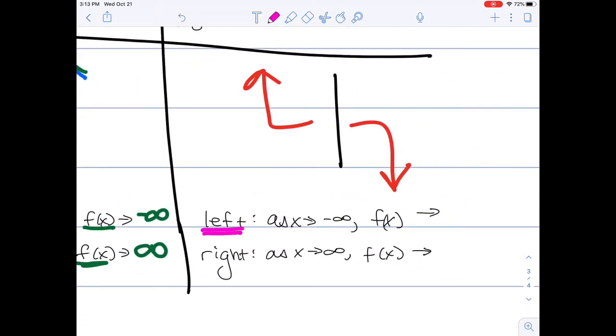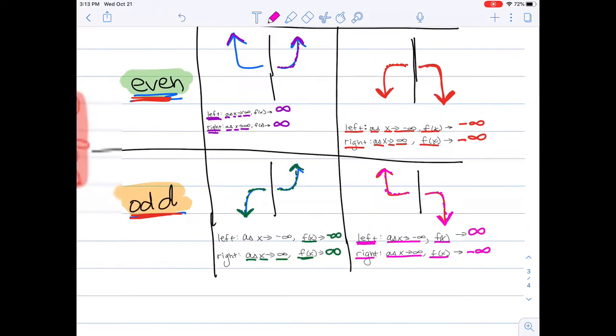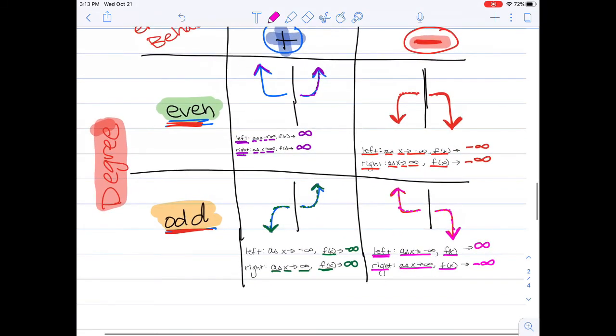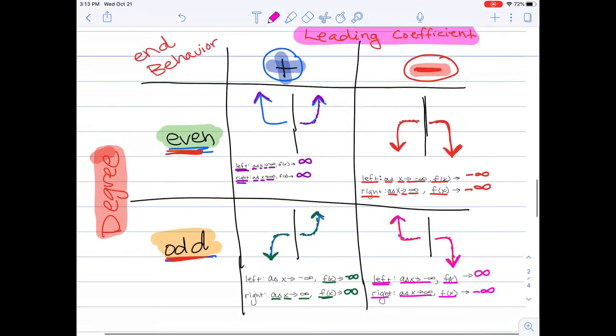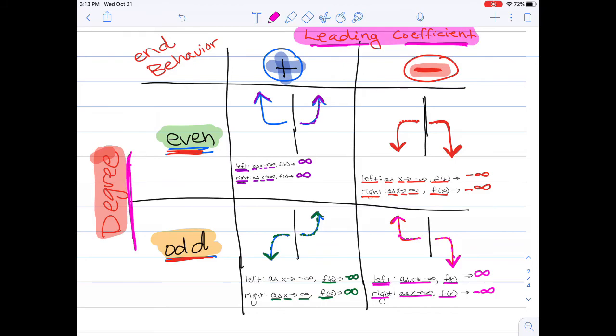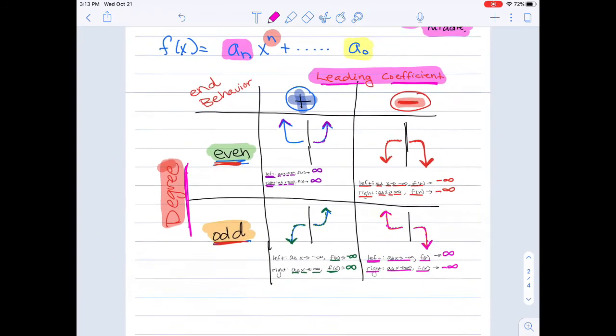So on the left side, as x approaches negative infinity, f of x is approaching positive infinity. And on the right side, as x approaches positive infinity, f of x is approaching negative infinity. So this is a visual representation of all polynomial functions based on their leading coefficient, positive or negative, and their degree, even or odd.